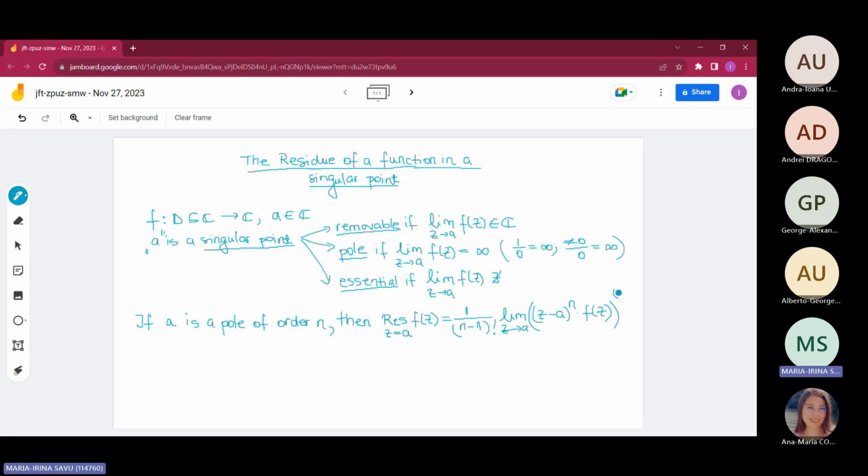Here n minus 1 tells you how many times you have to compute the derivative of this function. So this is the order of the derivative.